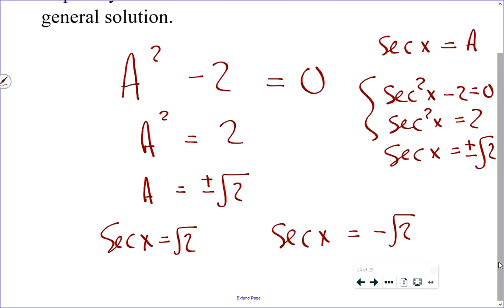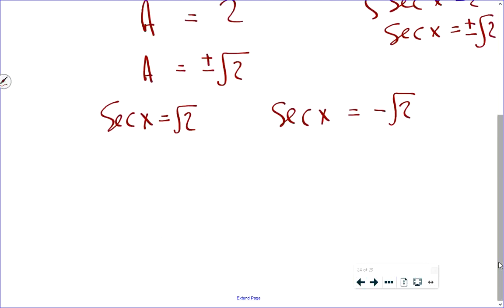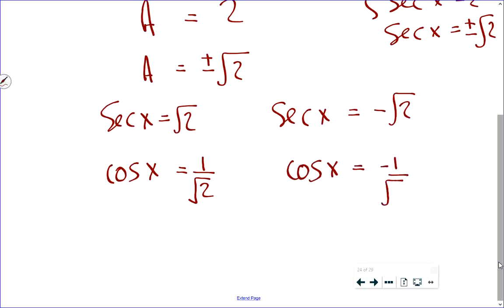Anyway, we have a little bit of prep work to do here before we can find a reference angle. It is to write cosine of x is the reciprocal of that, because, am I right? Secant and cosine are reciprocals of each other? Pretty sure. And over here, cosine of x equals -1 over root 2.